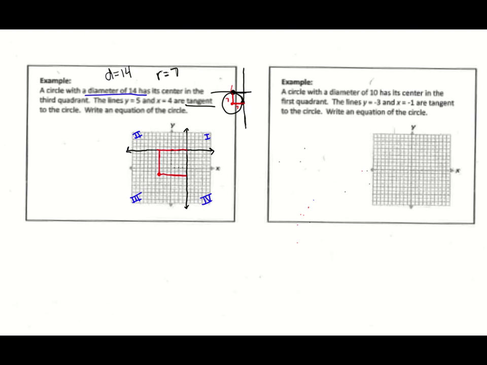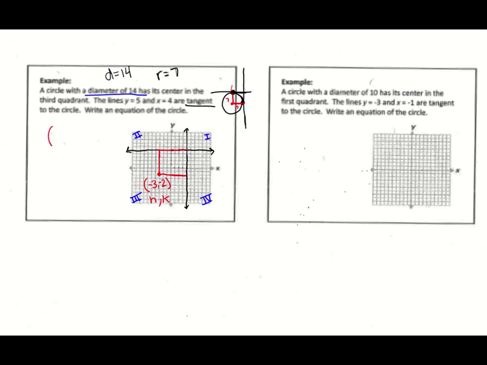But I don't need to draw my circle. All I'm looking for is an equation. So now I found my center point. That point is, let's see, negative 3, and down 2. Okay, so then I have my h and my k. I can plug in my information.